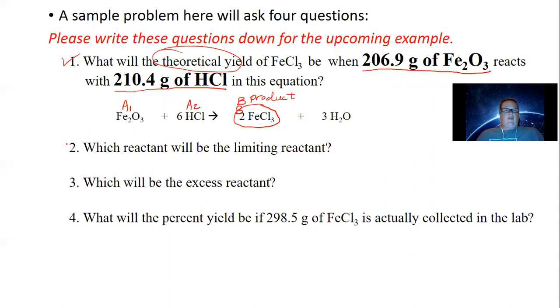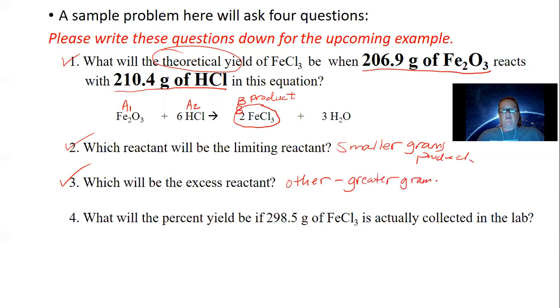Then we have to identify which reactant is the limiting reactant. It's whichever one gave you the smaller grams of product. The excess is just going to be the other, the one that gave you the greater grams of product.